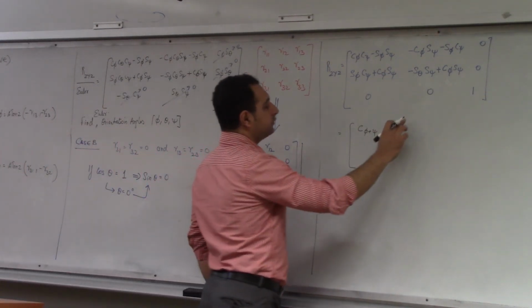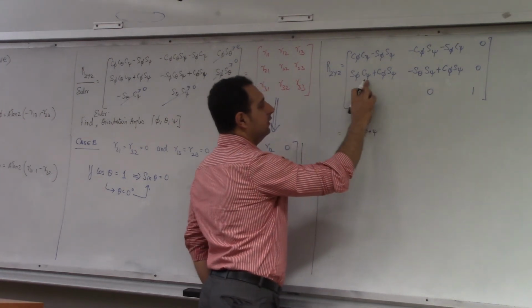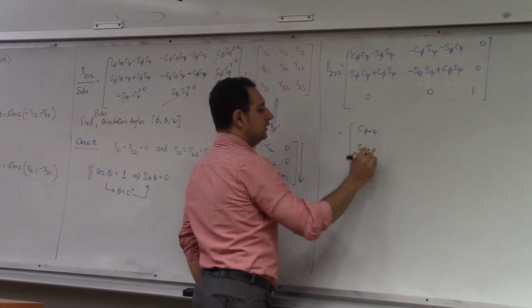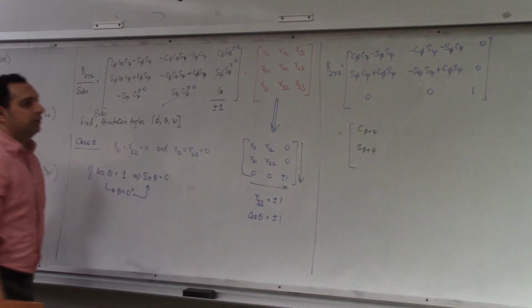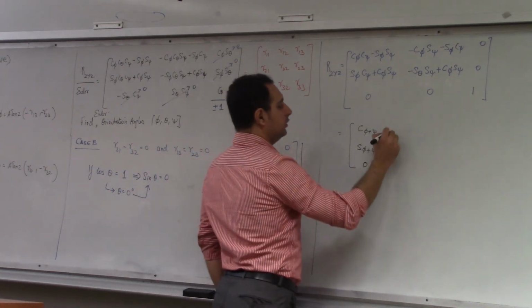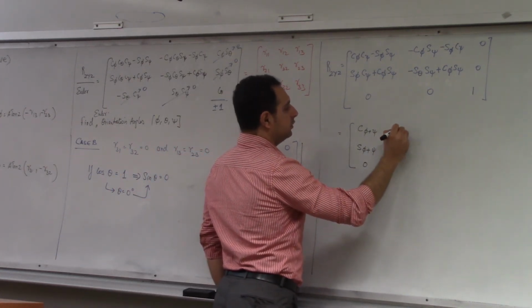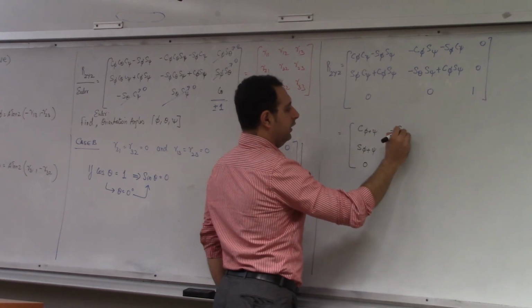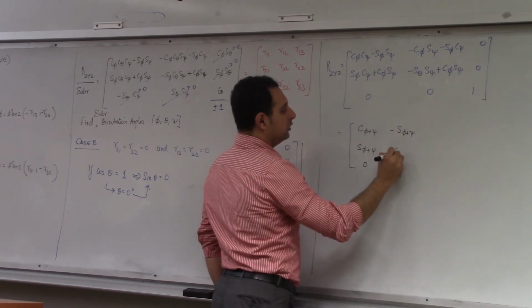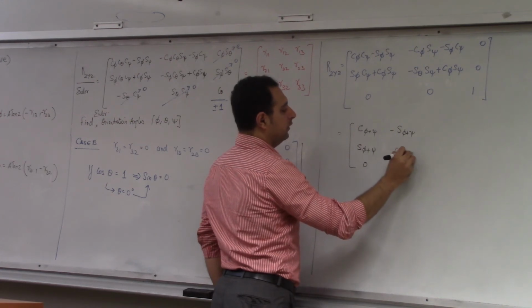Same thing here. This will be sin A cos B plus cos A sin B. This will be negative sin phi plus psi, and this will be cos phi plus psi.